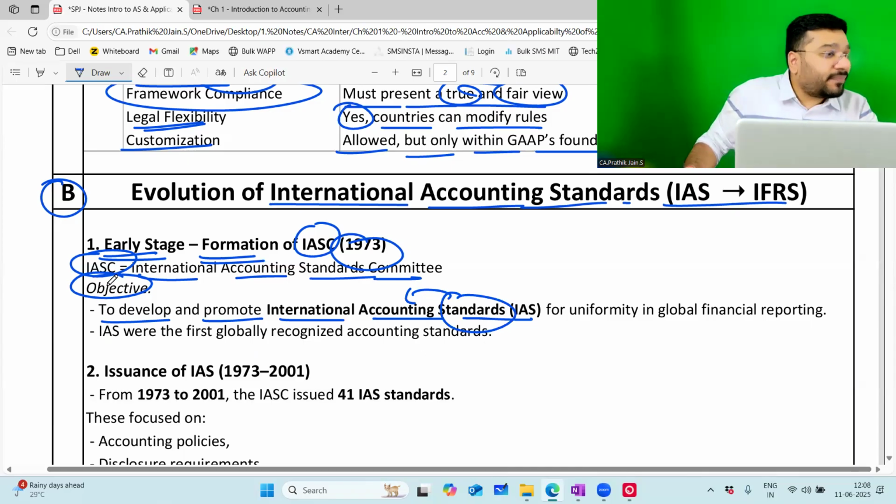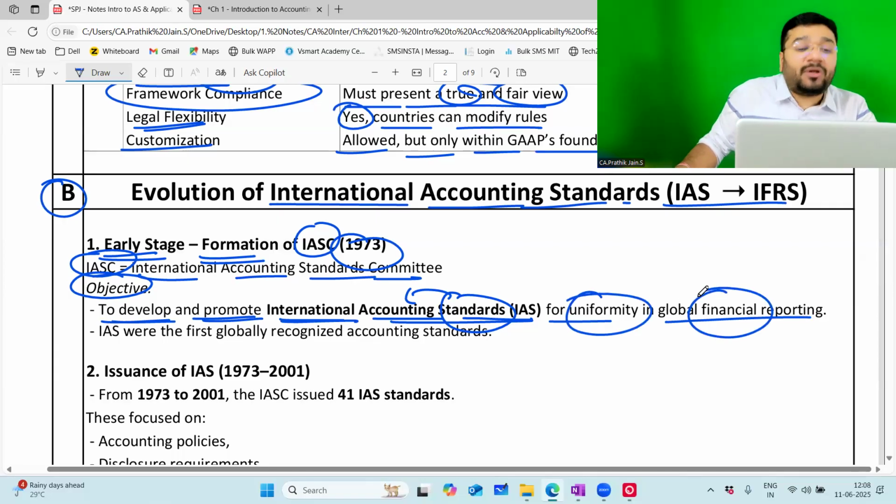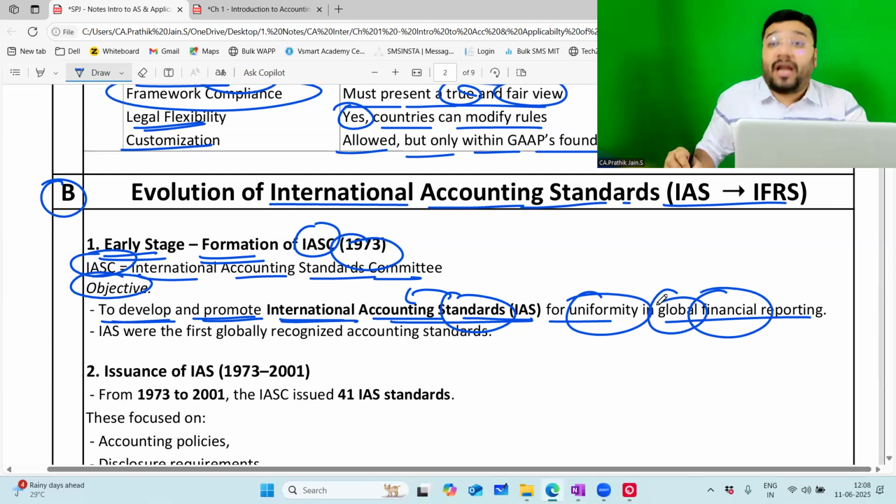So IASC's objective was to develop and promote international accounting standards for what? For uniformity in the global financial reporting. We wanted the financial statement to be uniform, but not at the domestic level. We want it to be a global reporting, which means that anybody who is reading your financial statement should understand.